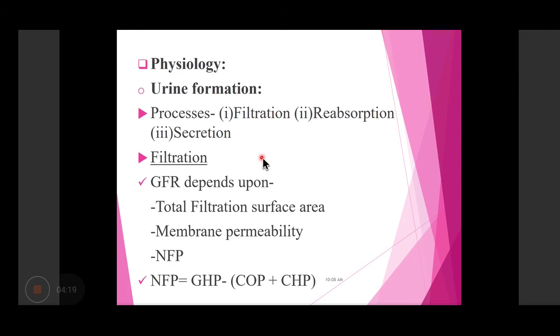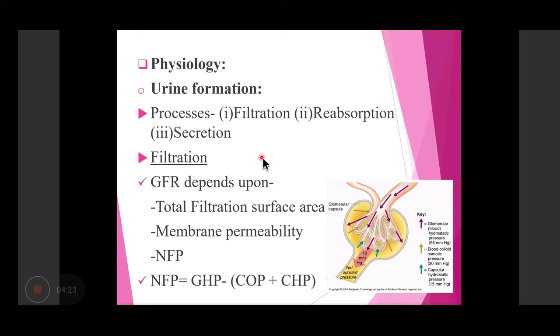Filtration is the process wherein the proteins and the lipids of the body are not excreted by the glomerulus, but the ions and the water from the blood are filtered out as an ultrafiltrate. Then it reaches the various tubules of the nephrons, wherein reabsorption and secretion occur, and finally the urine is formed.